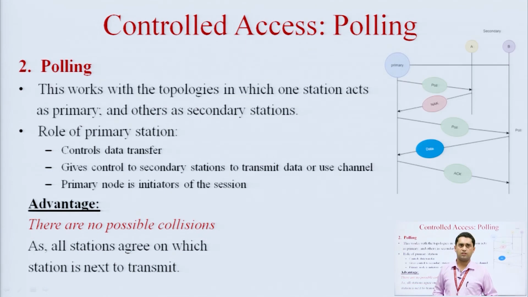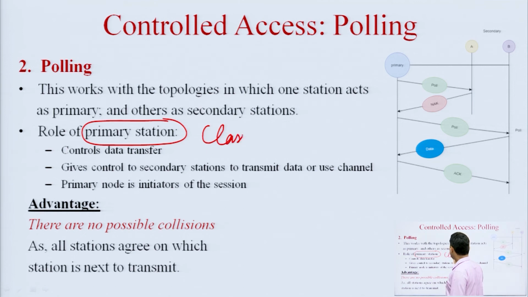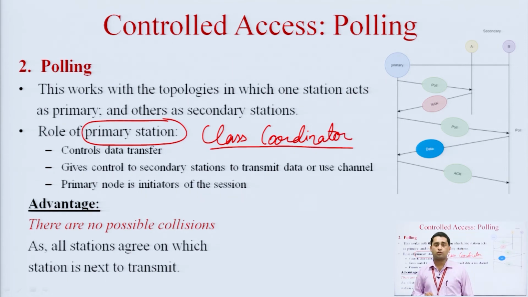Another important one is the polling method. What is the polling method? The polling method says that there is a particular primary station, like we have the concept of a class coordinator, and the class coordinator will decide okay, for the first lecture faculty A will go, then faculty B will go, faculty C will go.